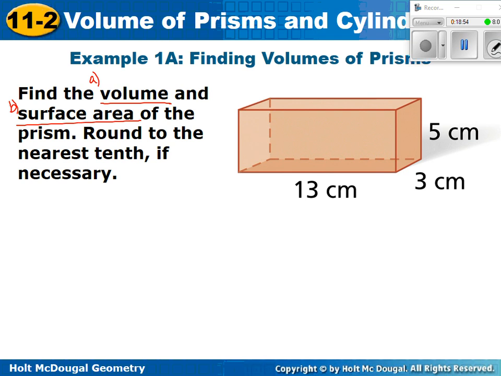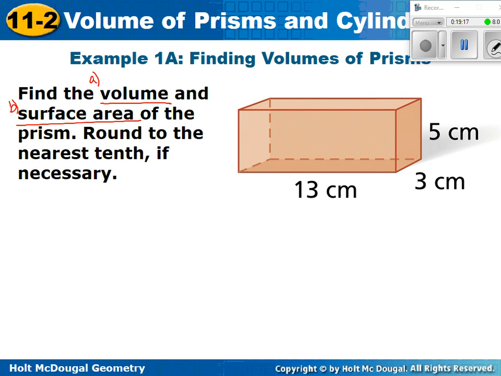My advice, once you write your formula, go over to the side and find the things you need. Find capital B separately. Don't put it in your formula. Do it over to the side because you're going to need it for volume and surface area. It's going to help you if you don't get confused and put it in your formula. Find your perimeter separately.